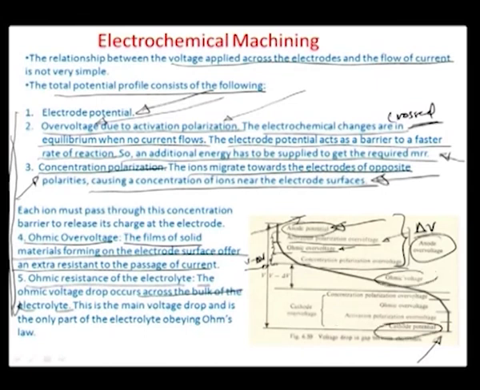And so, the drop across the bulk of the electrolyte in this region is called the ohmic resistance of the electrolyte. So, there is a V equal to IR relationship again, and then it goes to the cathode side, and a similar set of delta V's or over voltage functions are met at the cathode side. Thus, there is an equivalent V minus delta V which is formulated as a result of electrochemical machining. So, that is how you can categorize the whole system of ECM.